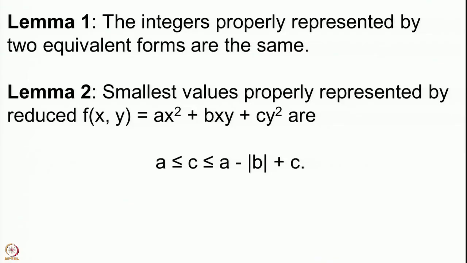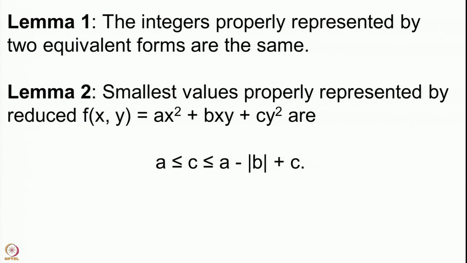We saw in the last lecture that the change of variables that we allow takes co-prime pairs of integers to co-prime pairs, and therefore the set of integers properly represented by equivalent forms will be the same.